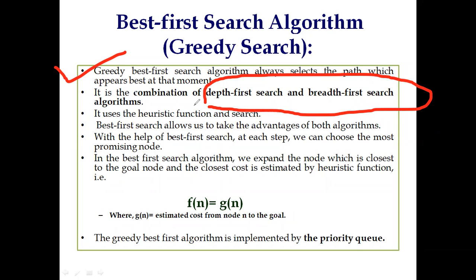So they are blind search techniques, but best first search is an informed search technique. The strategy it follows is exactly the combination of depth first search and breadth first search with the given information. So it uses the heuristic function and search. Best first search allows us to take the advantage of both of them.